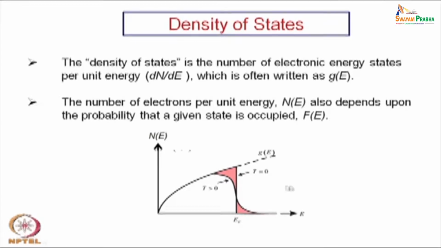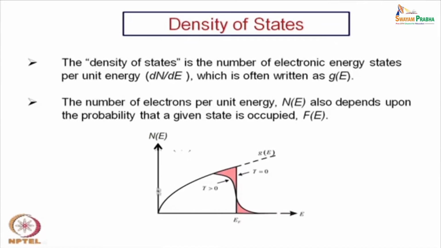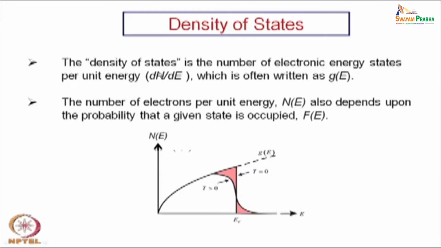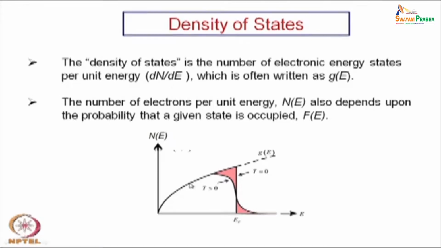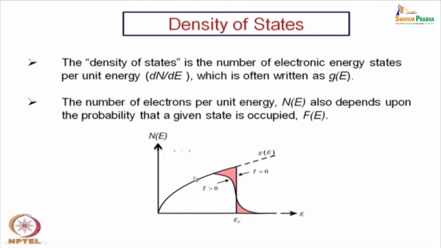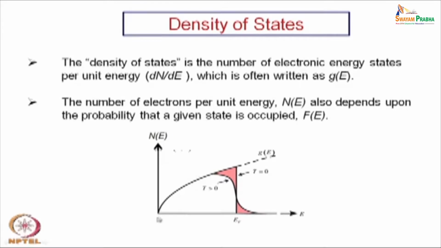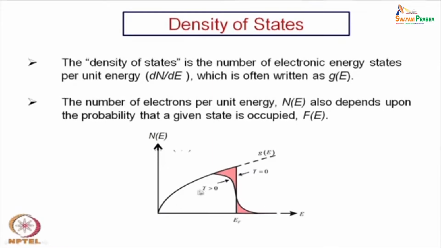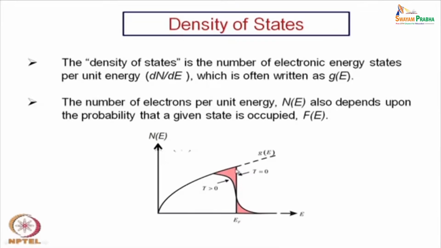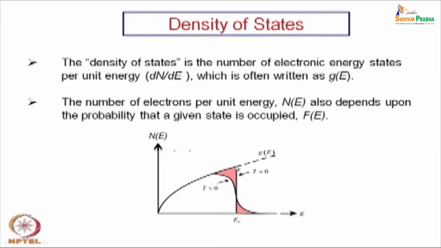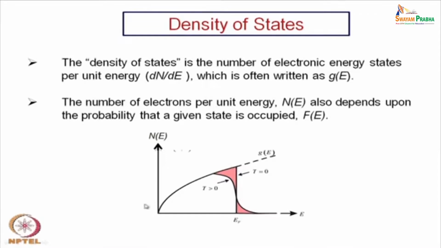So, this is the variation of what we call the energy density of states. At any particular energy level, how many energy states are available? At 0 it is 0, whereas as we increase the energy, more and more energy states are available, following a parabolic curve.